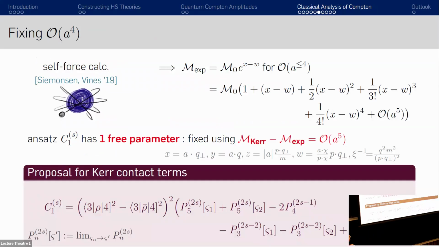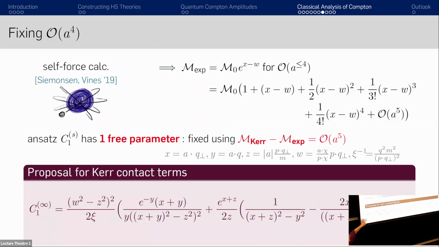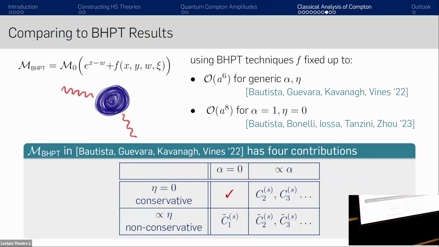So as I said, we match, and this is the quantum contact term, but when you take the classical limit, it looks like this, again an entire function. And what does it do? Well, if you compare to the results by, I guess, what's his name in the audience, and Vines and co, it essentially means that our amplitude plus this contact term is reproducing all the terms available that have been calculated.